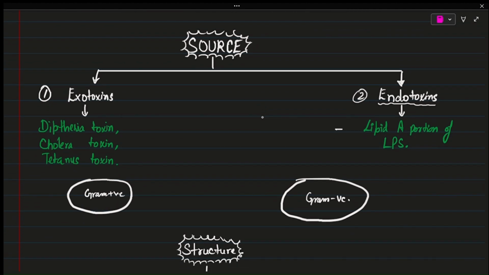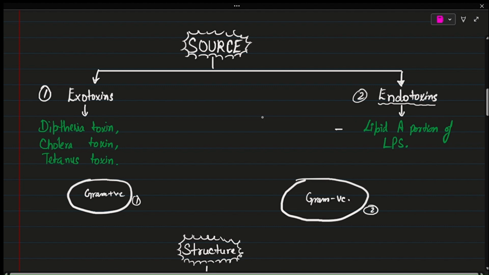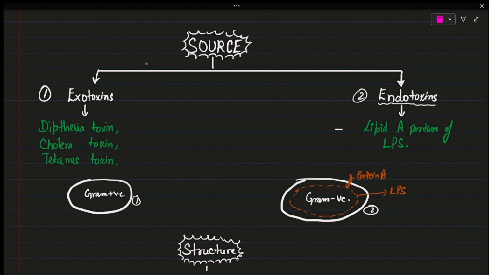So, let us say we have two bacteria. The first right here is gram positive, and the second right here is gram negative, okay. In gram negative I'm going to make this orange layer right here. Let us say this is the lipid layer which contains protein A, and this is LPS, the lipopolysaccharide layer, which is found in gram negative bacteria, but is not found in gram positive, okay. In the case of gram positive, it forms the toxin in the cell and continuously releases, or excretes, this toxin.